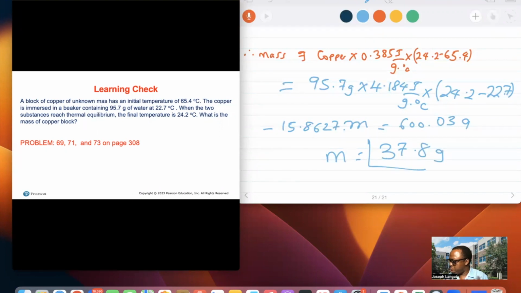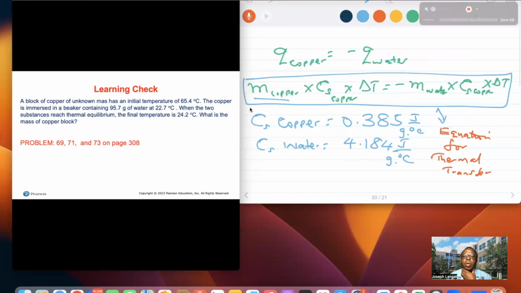So this is the mass found in the calculation. Pack up a little bit: this is the equation you need to use. You have to think of thermal transfer using these two equations.